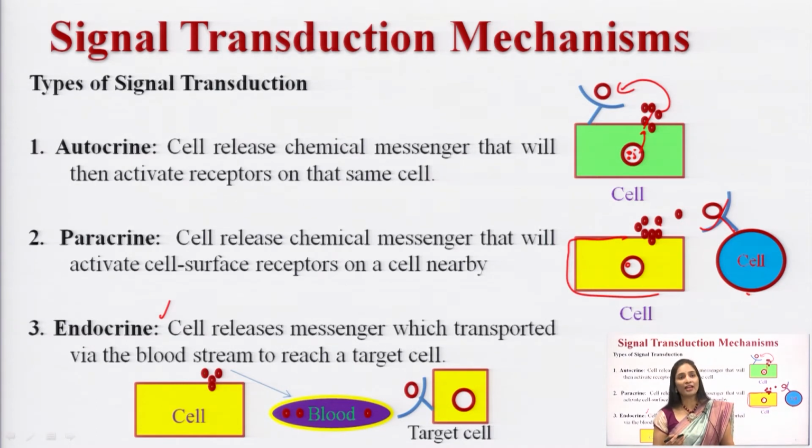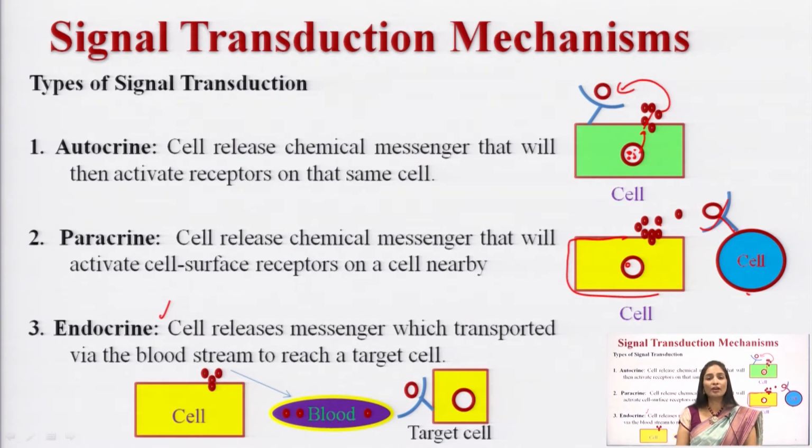So, signal transduction has been classified into 3 types. One is autocrine, second is paracrine, and third is endocrine. Autocrine: the cell releases chemical substances which activate the same cell's receptor. Next one, paracrine: the cell releases chemical messengers which activate the nearby cell receptors.